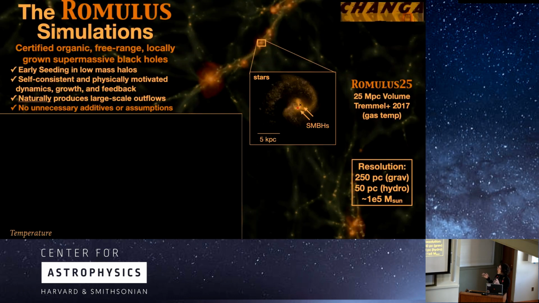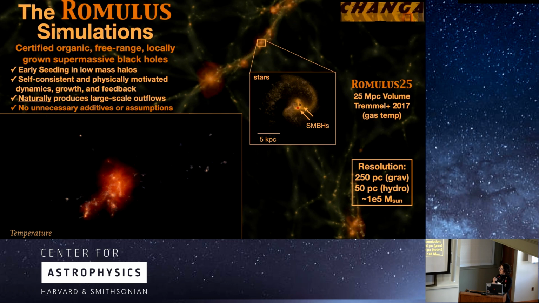To do this work, I've been using galaxies from the Romulus25 simulation, which you can see running in temperature here. This is Romulus25, a 25 megaparsec cosmological volume with about 1,000 galaxies from 10^8 to 10^13 solar masses in halo mass. It adopts star formation, stellar feedback, and UV background radiation from the Gasoline simulations, and we have an improved subgrid mechanism for black holes.